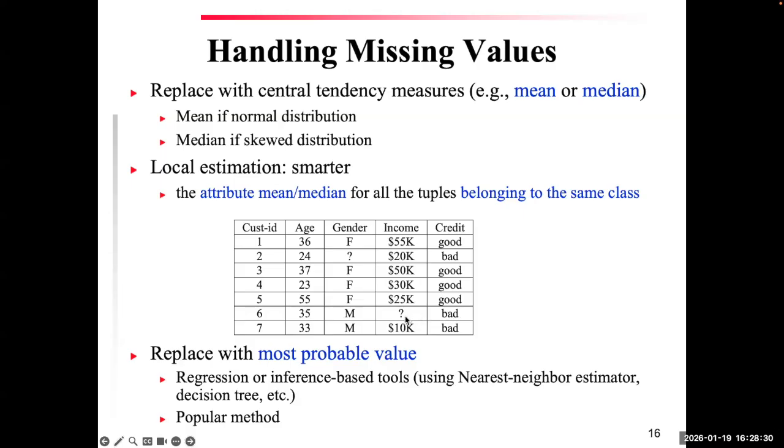So let's only focus on the customers who had bad credit, like this one and this one. And then, as you see, their income is much lower, right? And then replace it with the mean or median of those data points, not all.